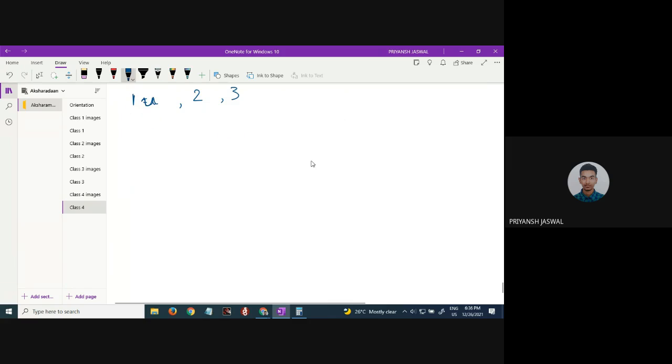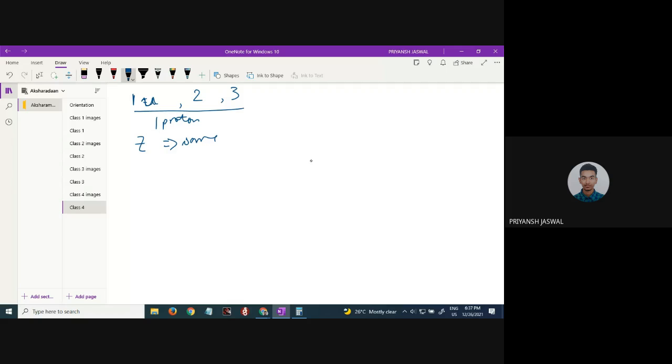Still they have one proton inside them. So such elements which have the same atomic number, that is the same number of protons, but different mass number, are called isotopes.